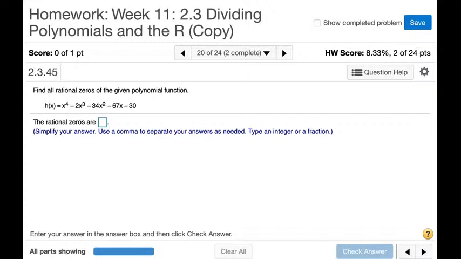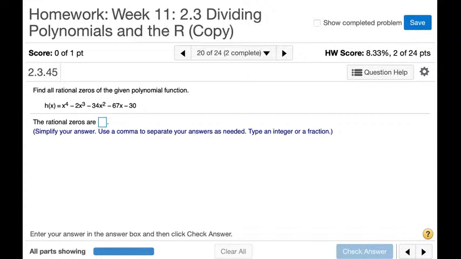Minus x, minus x, minus x, minus x, minus x. Okay, if we keep going, that's going to become positive. That's going to become positive 2x to the third. That's going to stay negative. That's going to be a positive 67x minus 30.